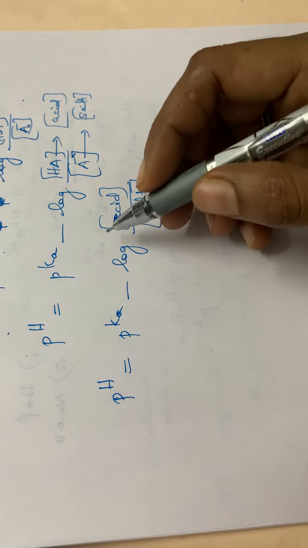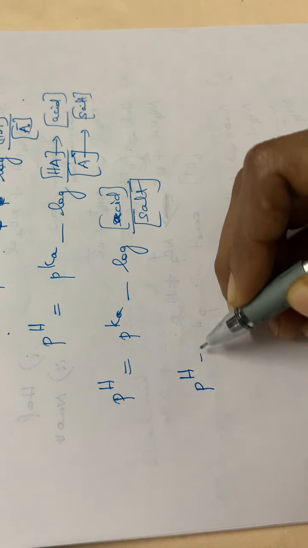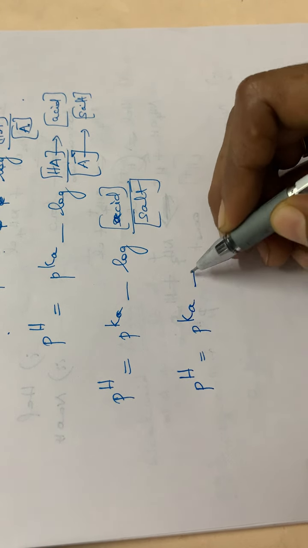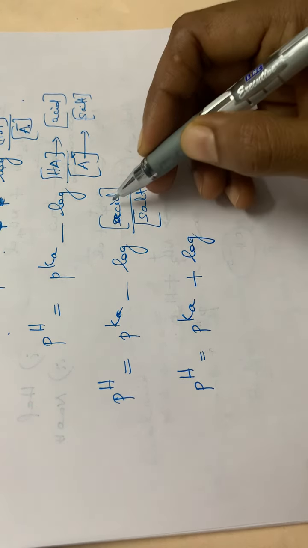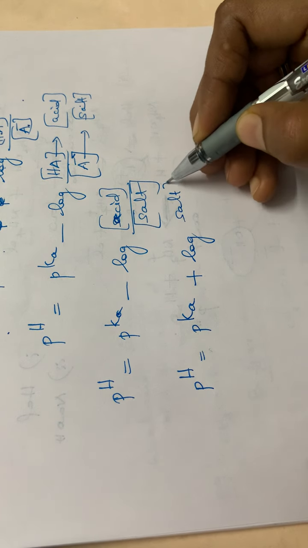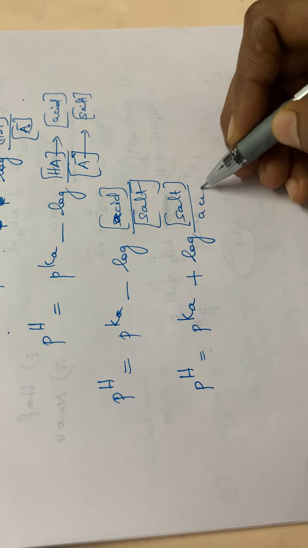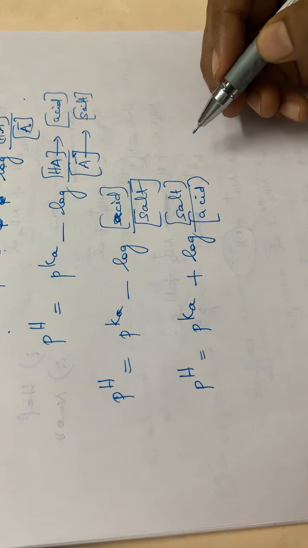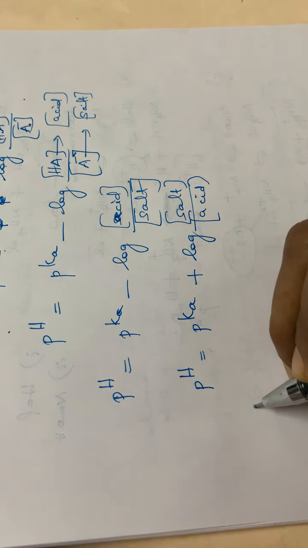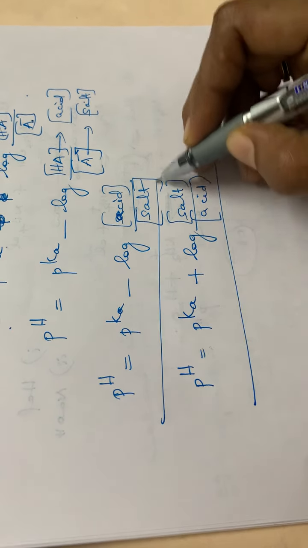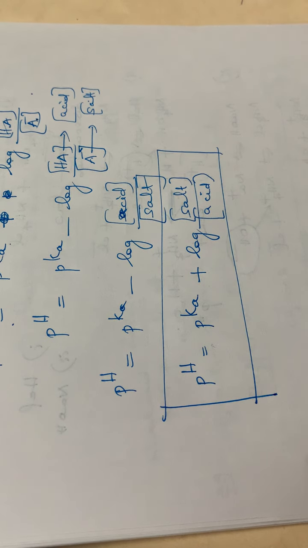Or if we reverse the sign, pH is equal to pKa plus log concentration of salt divided by concentration of acid. So this is the Henderson equation.